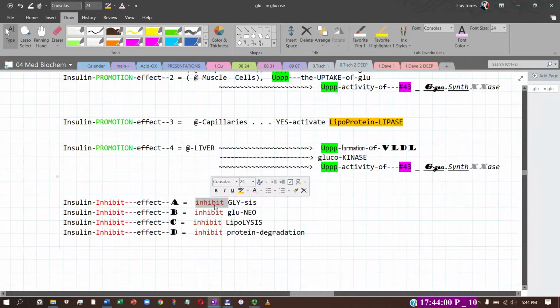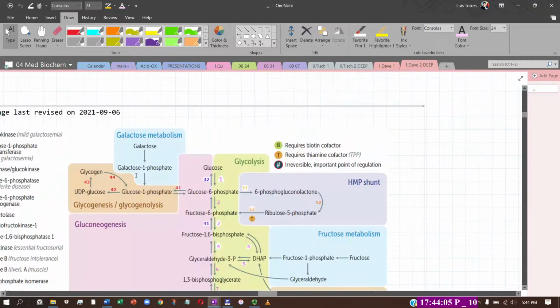So whenever insulin is present, it will inhibit glycogenolysis, which is what's seen here.